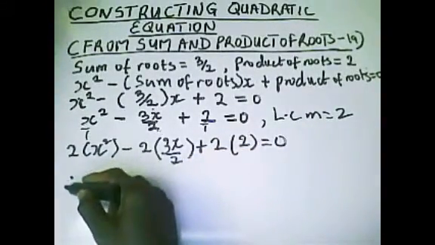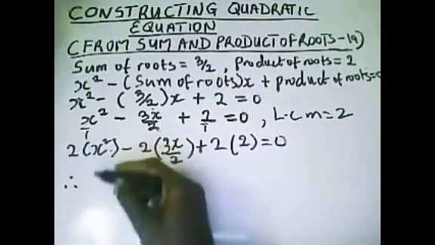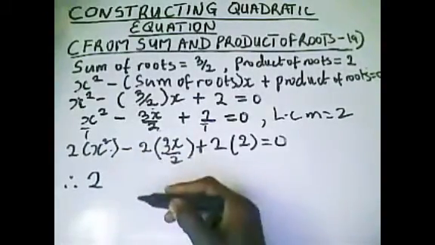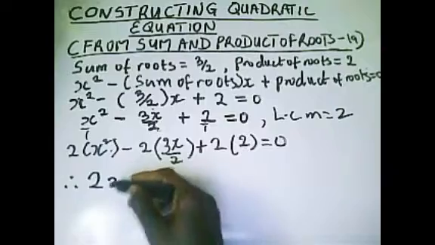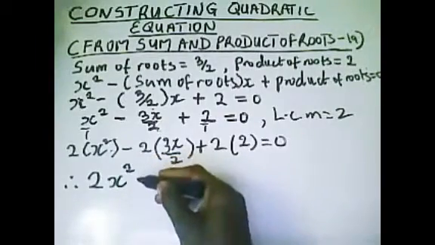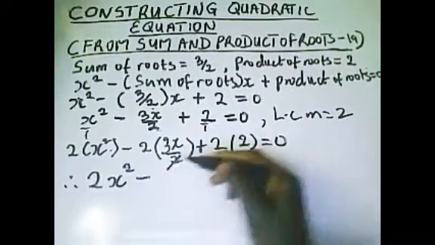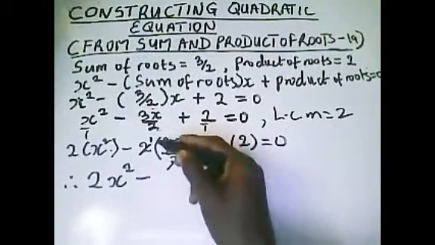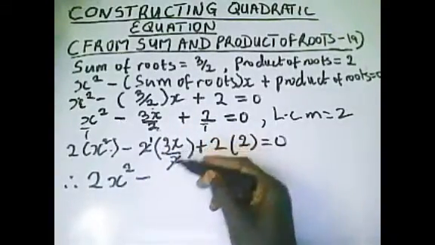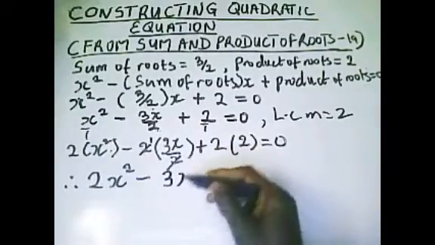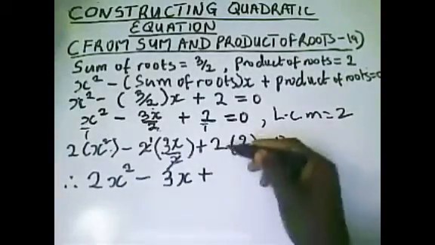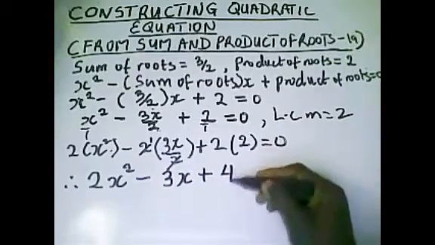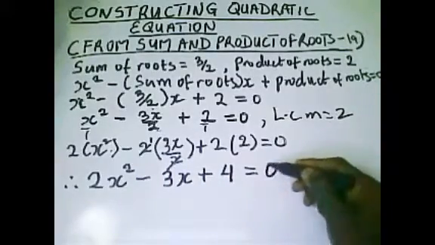So finally we are going to arrive at 2 times x squared will give us 2x squared, then minus this 2 at the bottom part here. We'll cancel this 2 here to give us 1. 1 times 3x will give us 3x, then plus 2 times 2 will give us what? 4. And everything equals to 0.